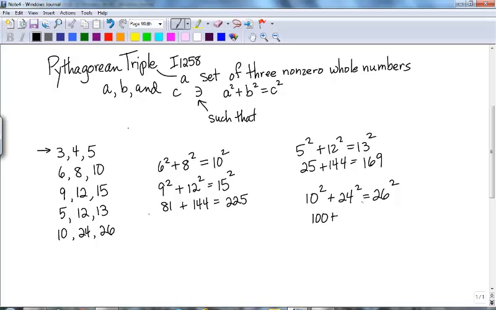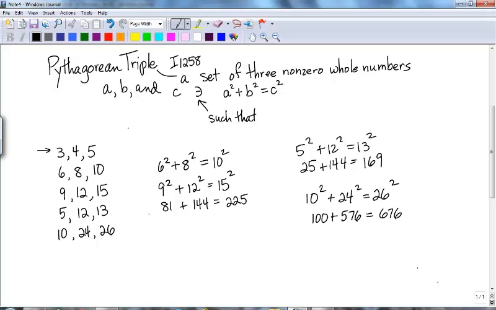What's 24 squared? 24 squared is 576. 576 plus 100 would be 676, and 26 squared is 676. So yeah, it works. Okay.